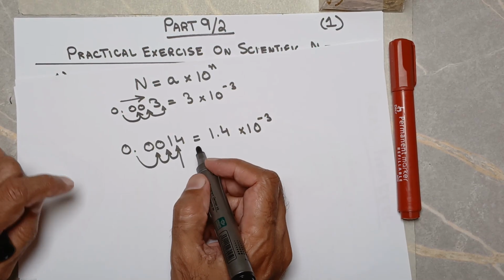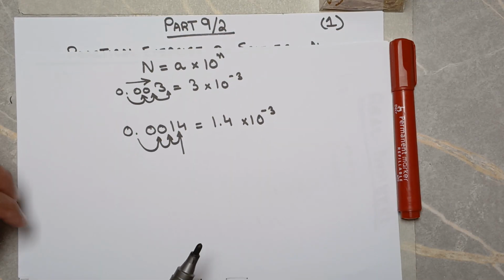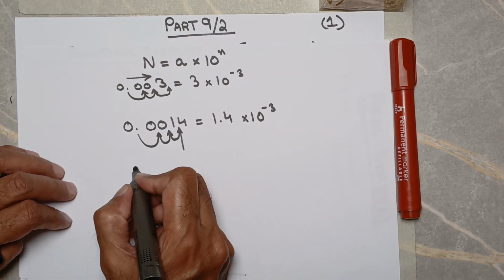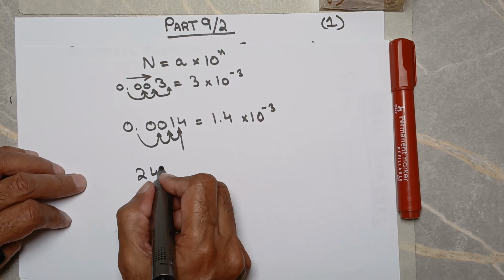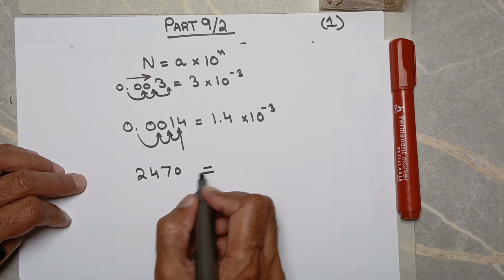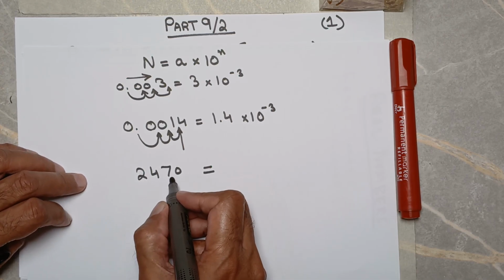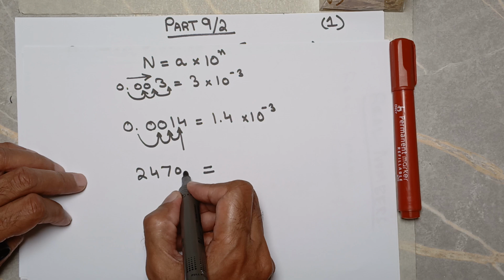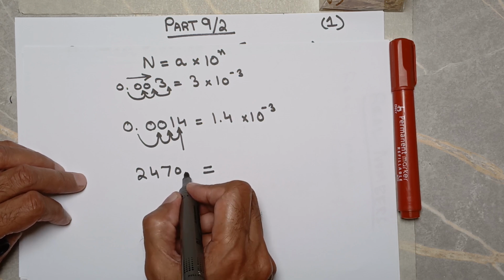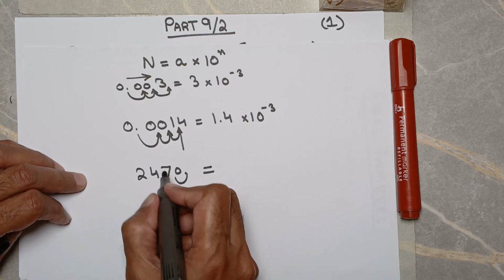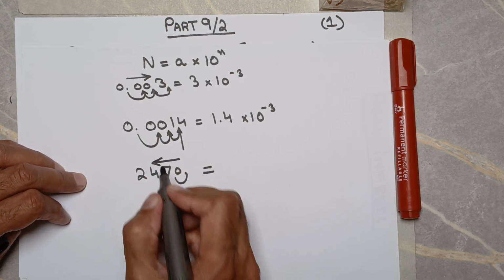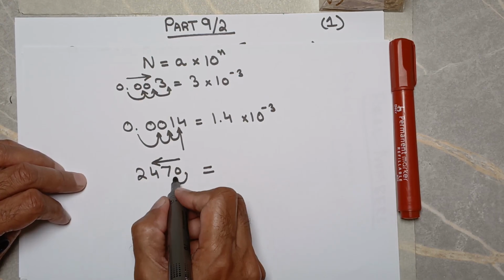Let me take another example of a large value, and if I say it is 2470. Now this is a positive whole number. The decimal lies over here, and I'm going to move this decimal from right to the left.